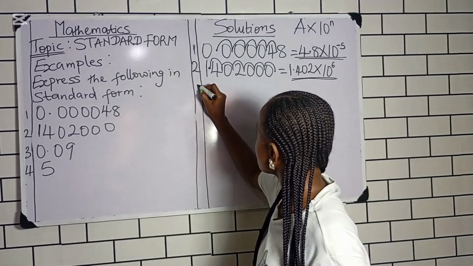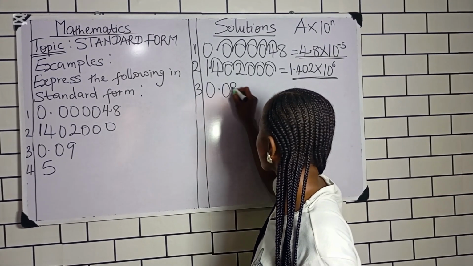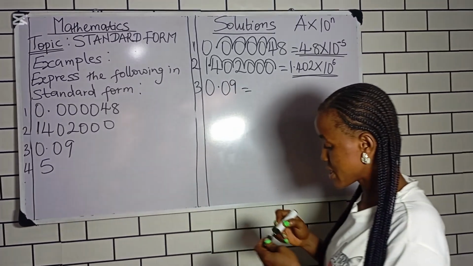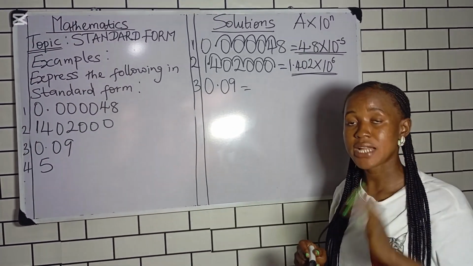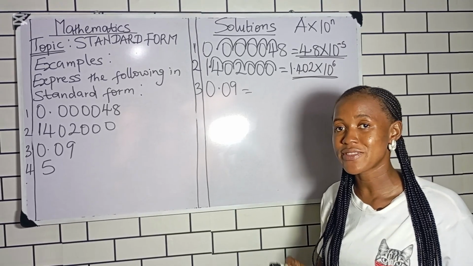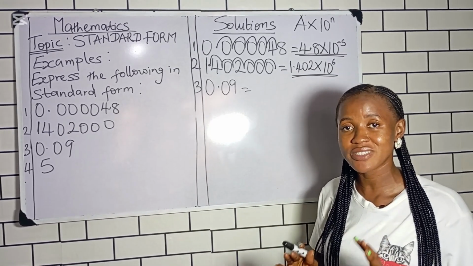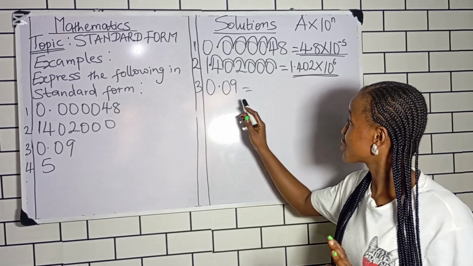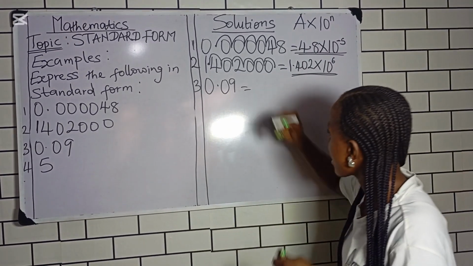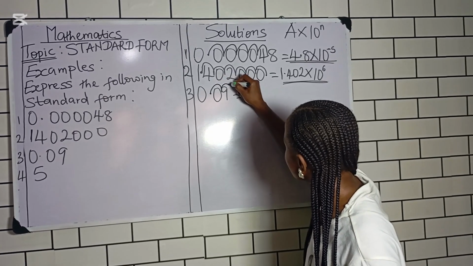Now, number 3 question, we have 0.09. Converting this to standard form. Remember what I told you? You have to place your decimal point immediately after the first non-zero digit. And our first non-zero digit here is 9. We count: 1, 2.